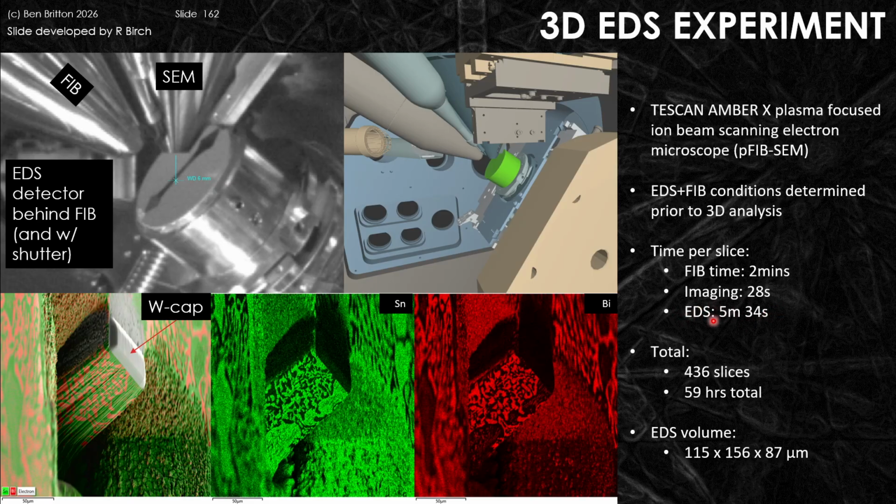We established this by doing a series of trials to check how we set up the voltage for the SEM, the probe currents, and the collection conditions for the EDS to enable us to get a good spatial resolution. This is about a 50 micron side width in the volume that we do, 115 side width in here. And we got about 436 slices in about 59 hours of FIB-SEM time for this example data set.